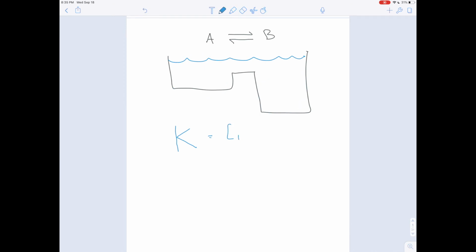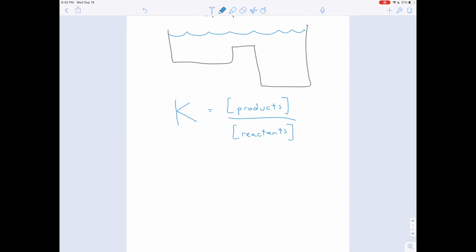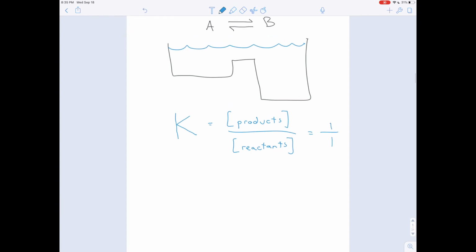Conceptually, that was products over reactants. So let's think about what that means. If K is equal to 1, then that means you have equal amounts of products and reactants. If K was a big number, like 1,000, then you have more products than you have reactants.